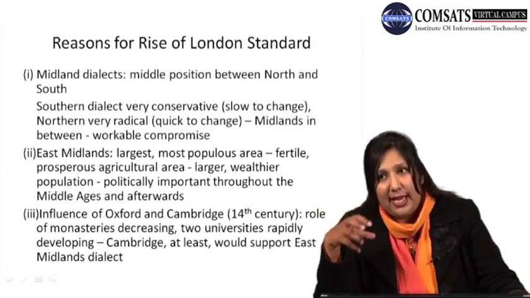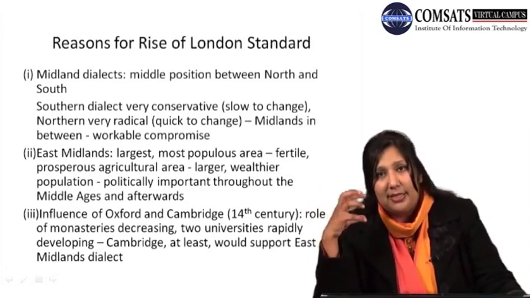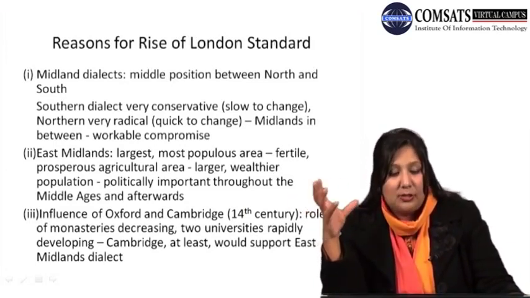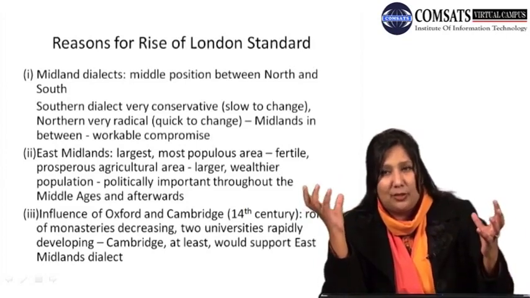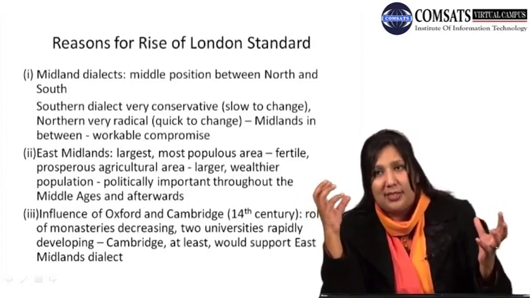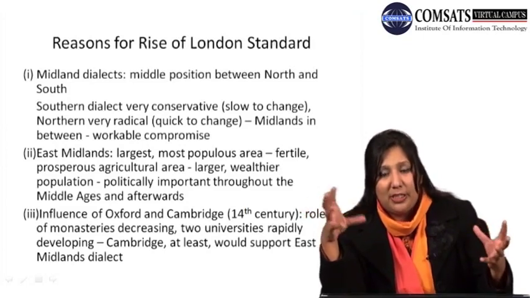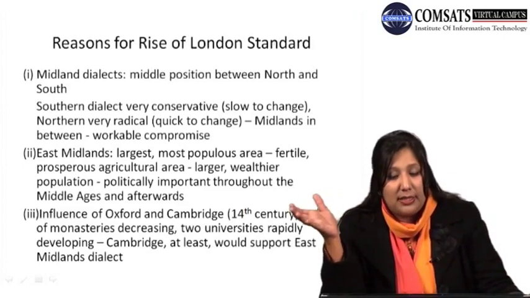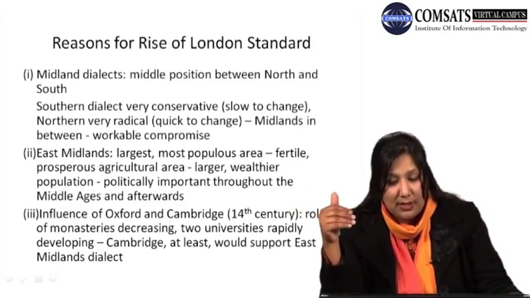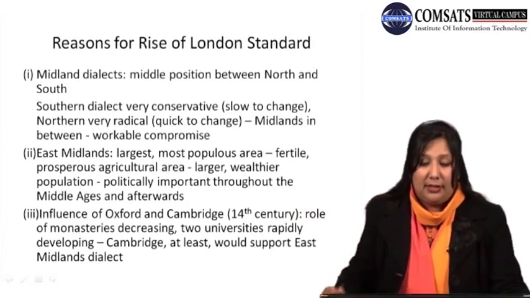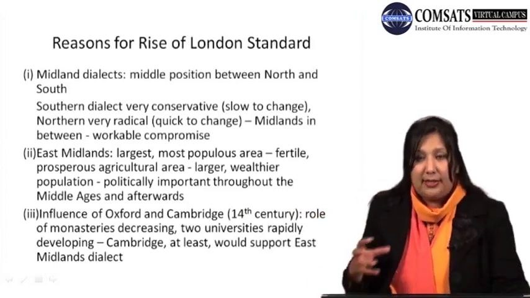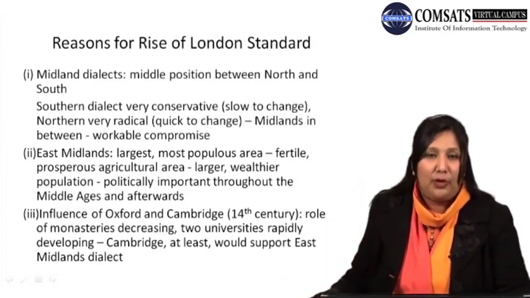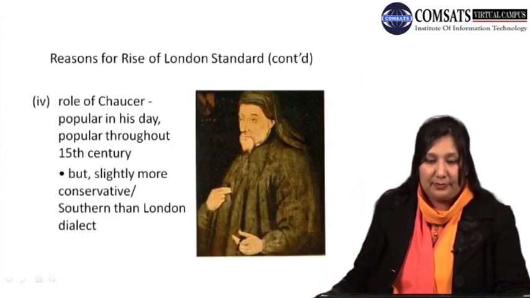Their role was decreasing as time went on, as England was getting prosperous. So what happened? There were two world famous universities, Oxford and Cambridge. Both were coming into power and monasteries were going down. And because of this, one university, Cambridge, started supporting Midland dialects.